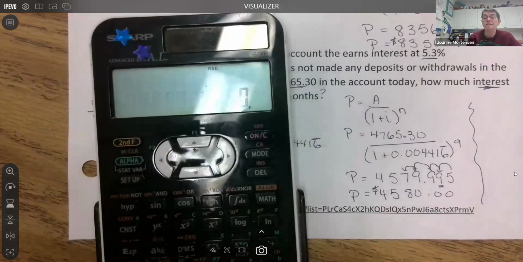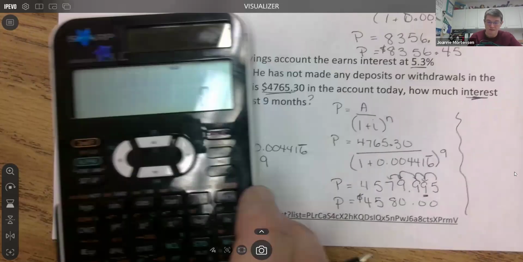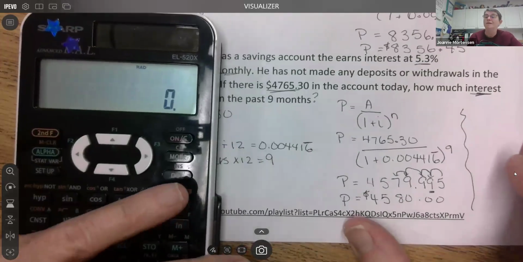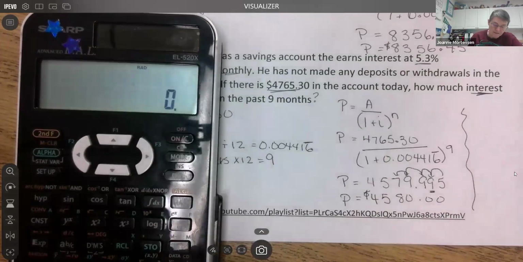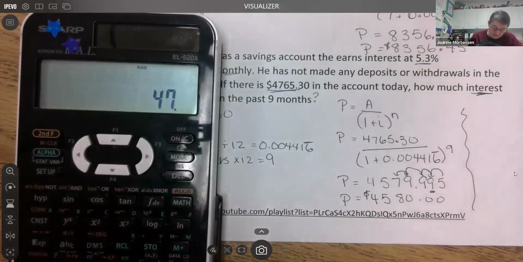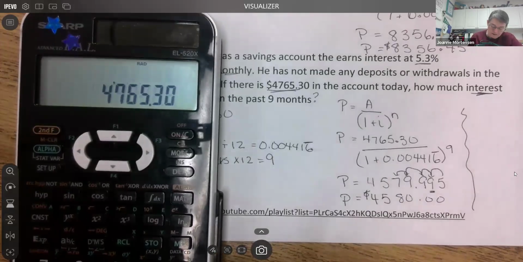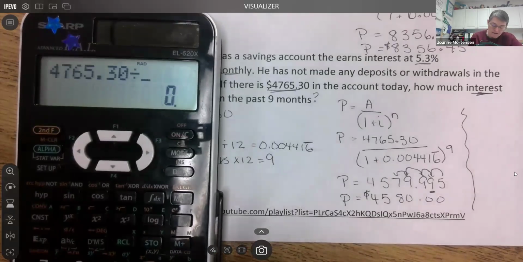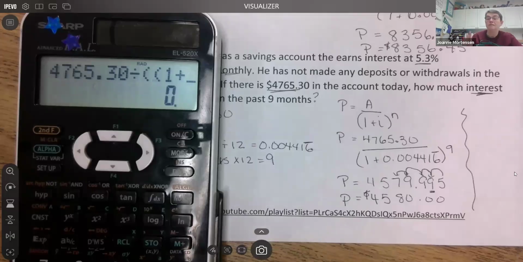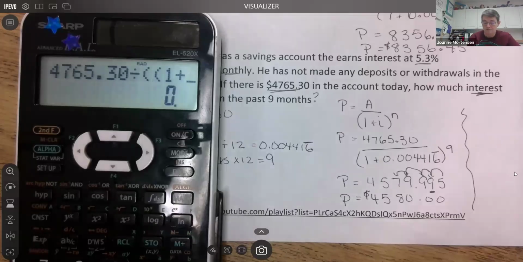This is because I want to see if there's a difference. So 4765.30 divided by bracket, 1 plus, now this is where I'm going to do something weird.